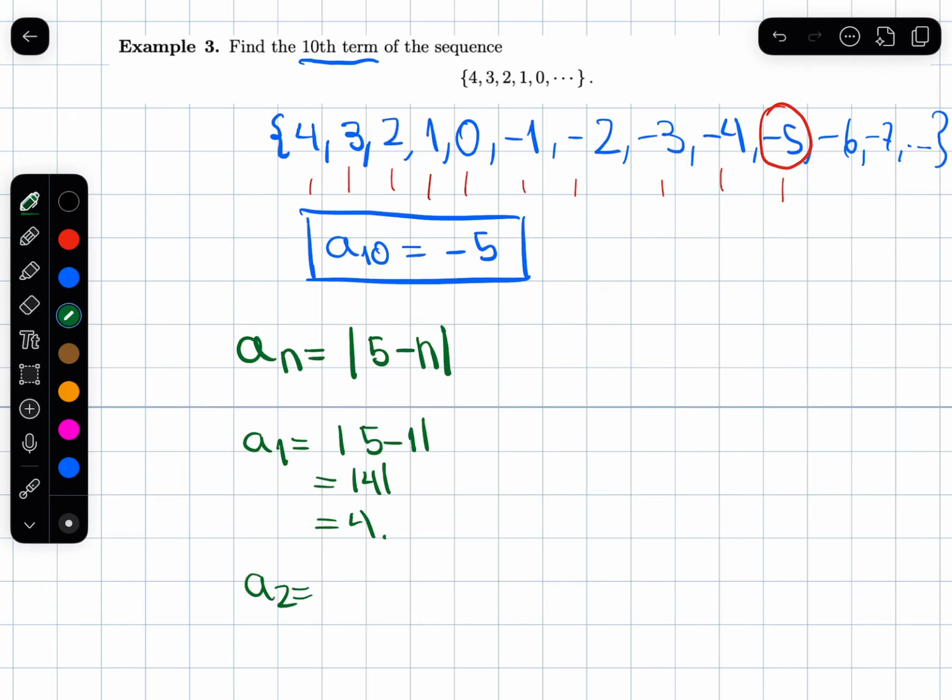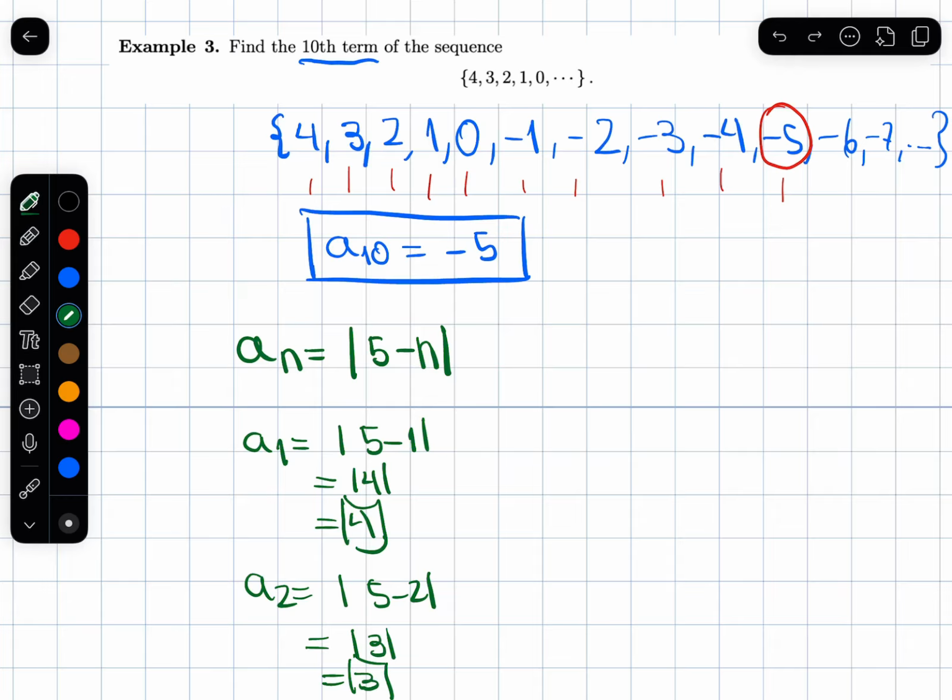A2 is absolute value 5 minus 2, which is absolute value 3, which is 3. So we're matching the sequence. And if you plug in a3, this is going to be 2, a4 is going to be 1, a5 is going to be 0.